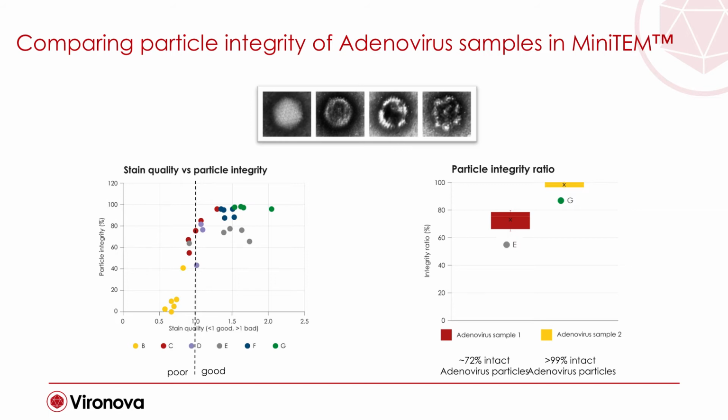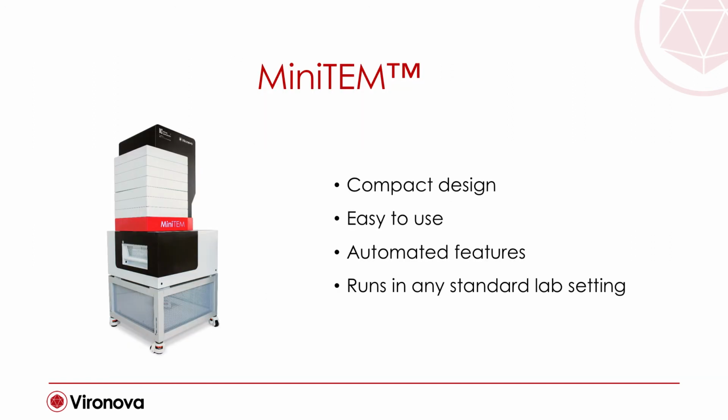So basically, thanks to this assessment, we could see that in adenovirus sample 1, the particle integrity is around 70%, while in adenovirus sample 2, it's really close to 100%. So all of this was rendered possible thanks to the automated analysis capabilities of the system.